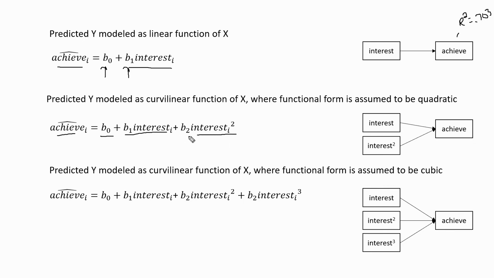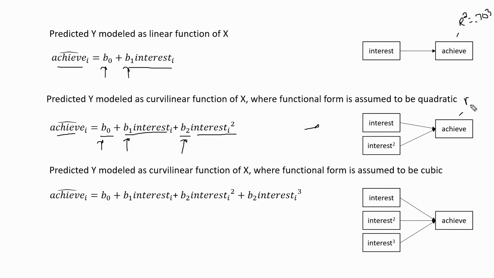So in this case we're estimating 3 parameters instead of 2. We have the intercept for our model, the regression slope for interest, and the regression slope for our squared interest variable that you see right here. And you can see it visually over on this side of the screen.